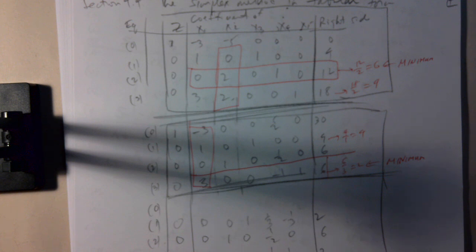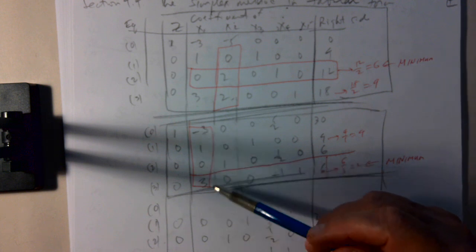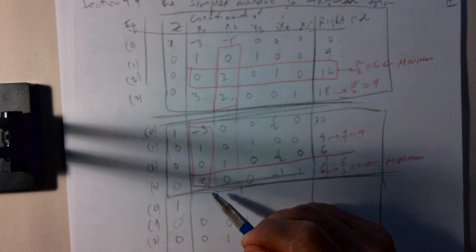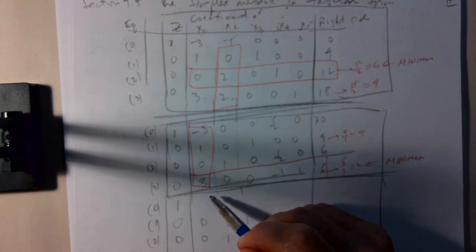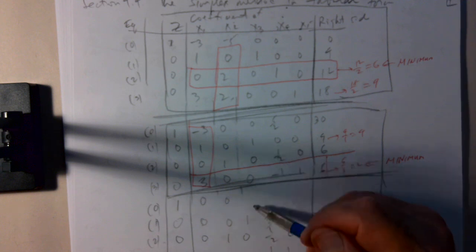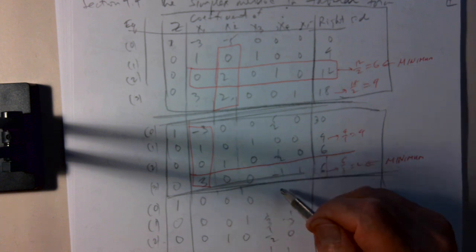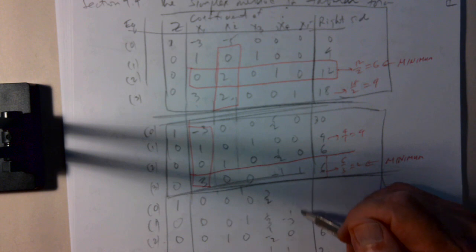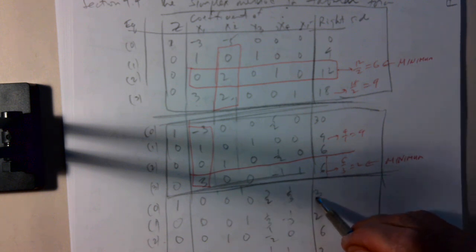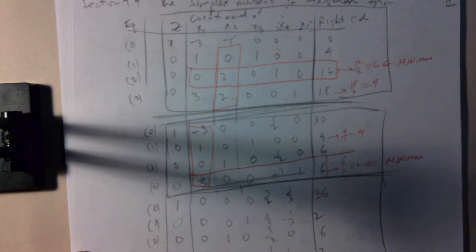This all looks good. And finally, I want to get a 0 here. So I just add this row to this row. That gives me 1, 0, 0, 0, 3 halves, 1/3, 36.